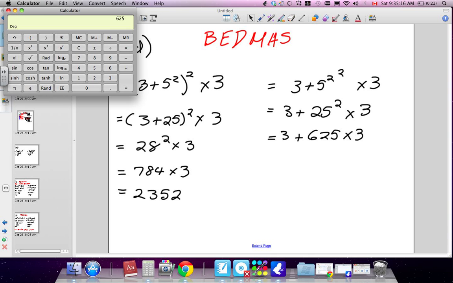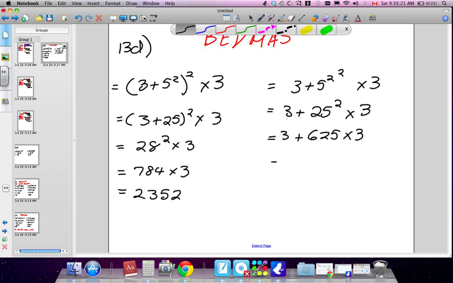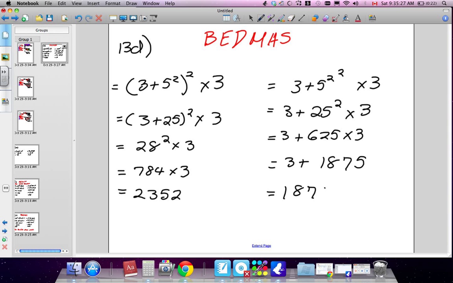So now we have plus 625. And then what would be next? Multiply, that's right. So 625 times 3, 1,875. And then you add here. And when we add it, we get 1,878. So our answer is different? Yes. So yes, brackets are good.